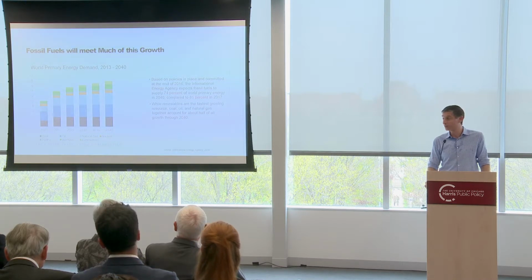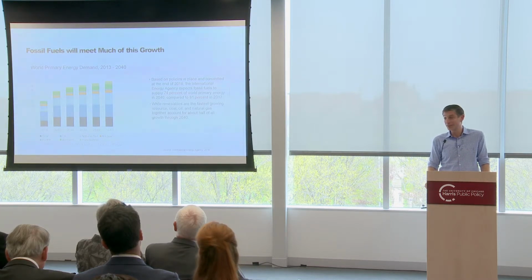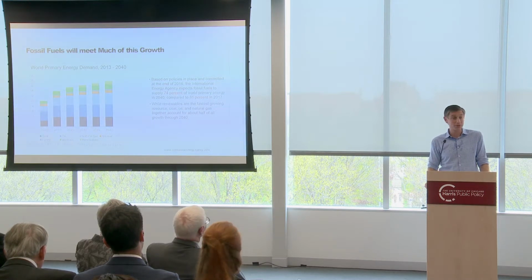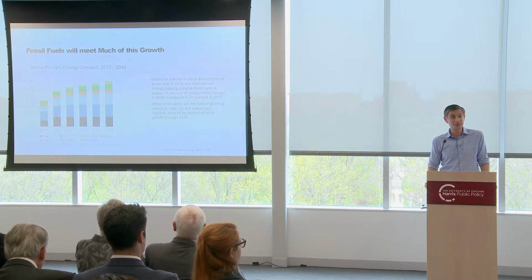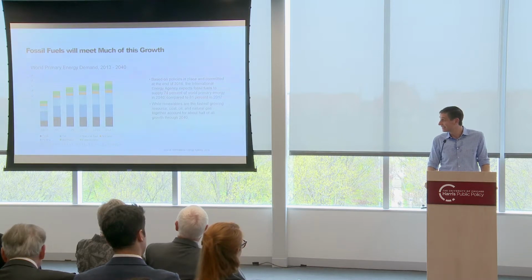Today, they account for about 81% of total energy supply. And by 2040, they're projected to account for about 74%. So although renewables are growing very quickly, the standard models still have fossil fuels supplying most of the energy that the world is expected to consume as we go along.